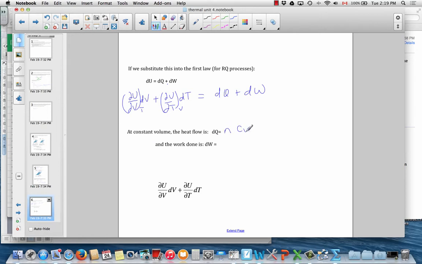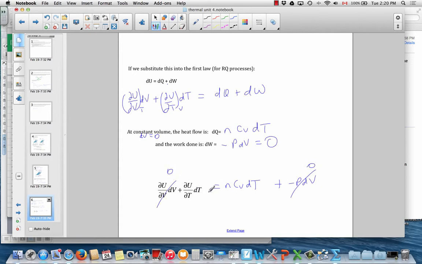At constant volume, a little bit of thermal energy, dQ, is nCv dT. And the work done, well, work is minus p dV, but if the volume's constant, then that's just going to be 0. So if we substitute in, constant volume, I should write dV as 0 here. We substitute in for dQ, nCv dT. We substitute in for work, well, we could put it in there, but then we're going to make it 0.